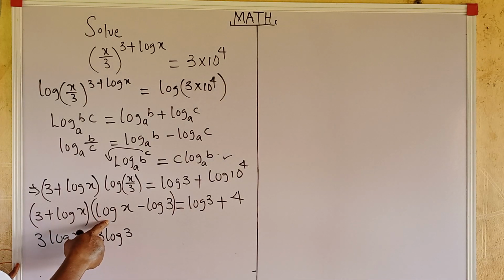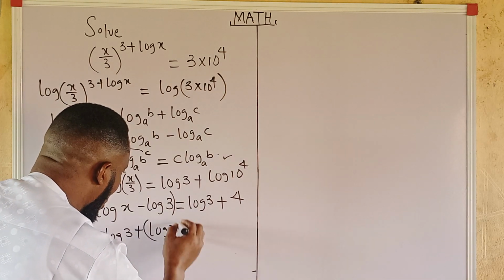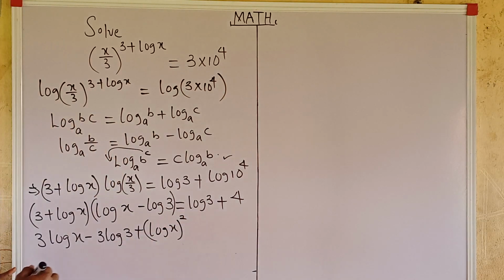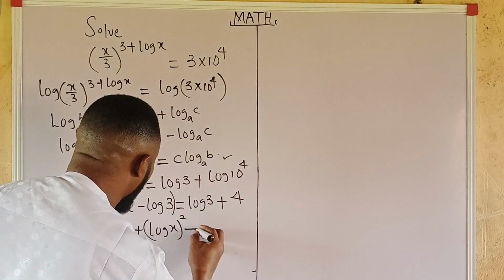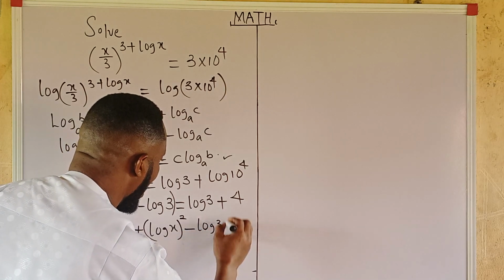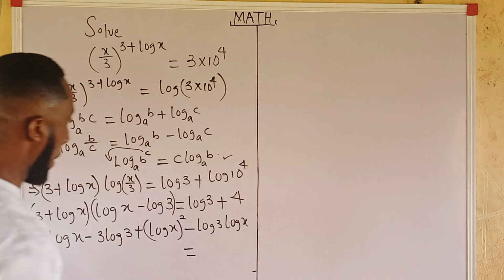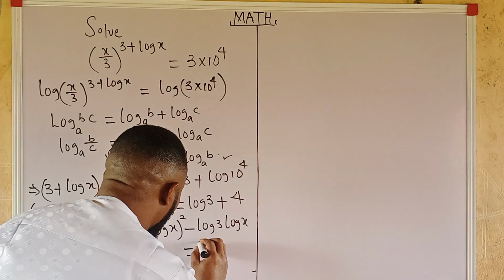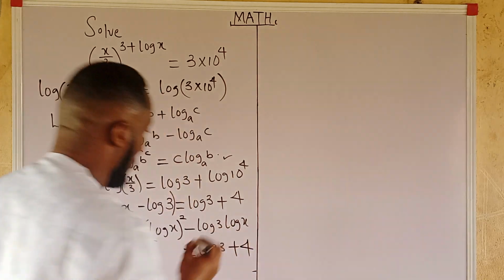Log x multiply log x, that will be log x whole squared. Then log x multiply negative log 3, that will be negative log 3 log x. So everything equal to log of 3, then plus 4.